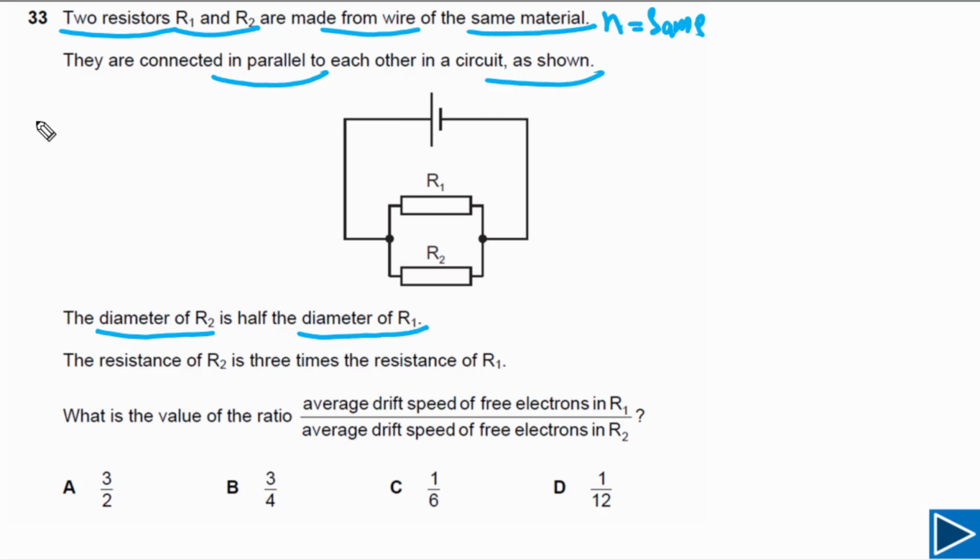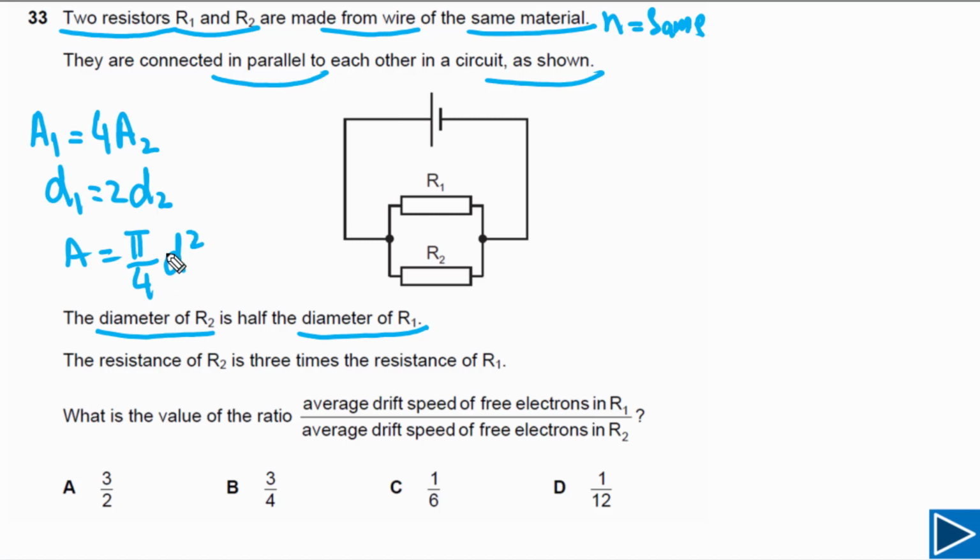From here we can say the cross-sectional area of resistor 1 has to be equal to 4 times the cross-sectional area of resistor 2. So A1 is equal to 4 times A2, because D1 is equal to 2 times D2, and the cross-sectional area is equal to pi by 4 D squared.